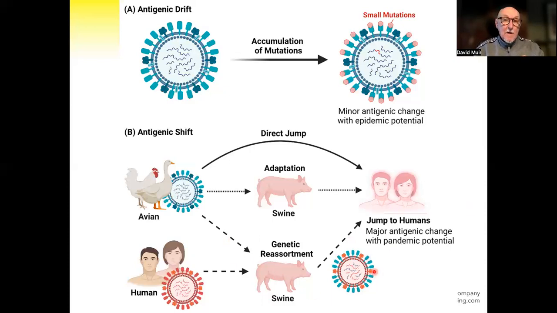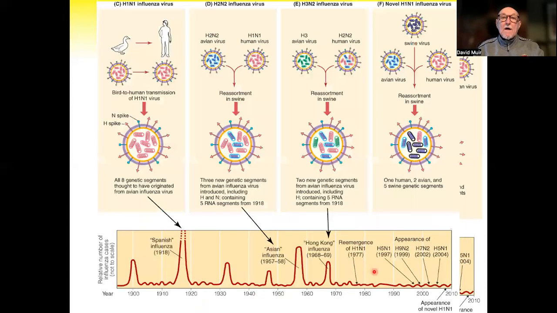And that is most commonly in pigs. So here, if we look at some of the major influenza epidemics, this is what we see. Look here, this is an H1N1 influenza virus, and it was acquired directly from birds. No, there was no pig reassortment involved.